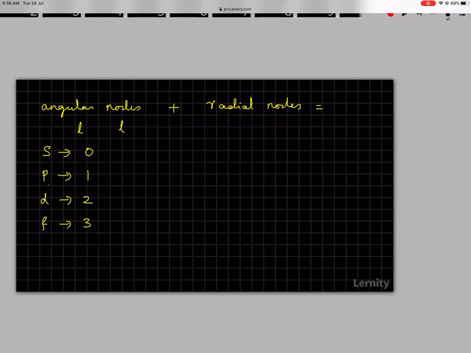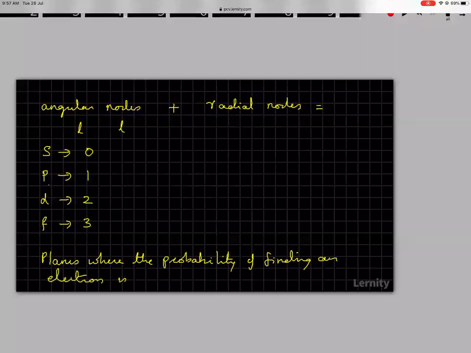So f will have 3 angular nodes. Angular nodes refer to planes where the probability of finding an electron is 0.